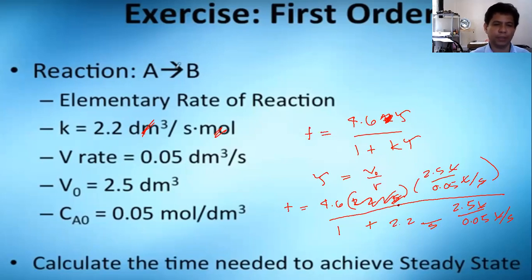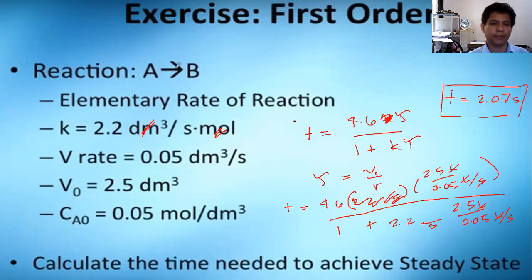So you're supposed to get 2.07 seconds. So t is equal to 2.07.